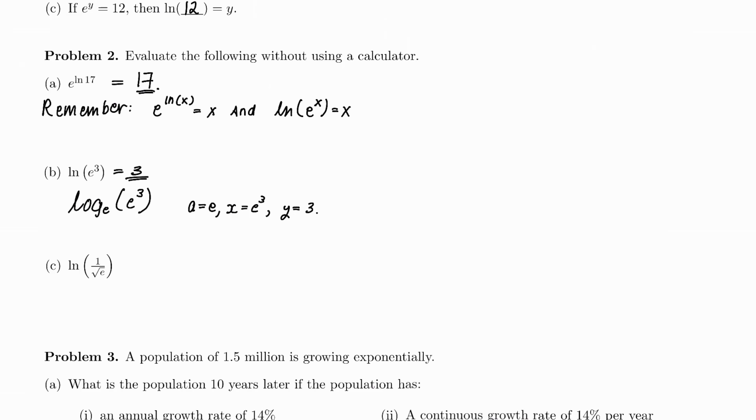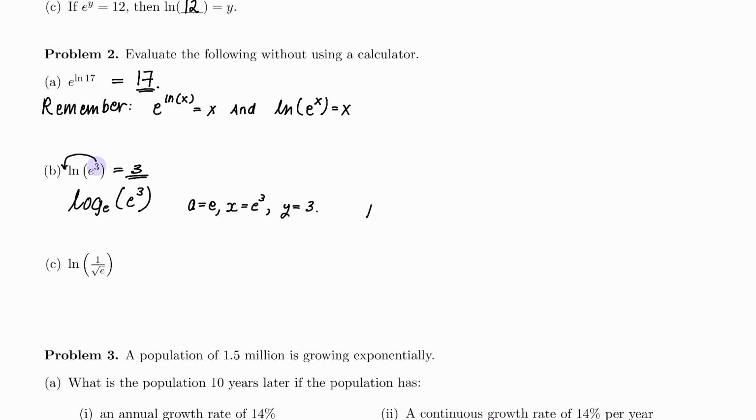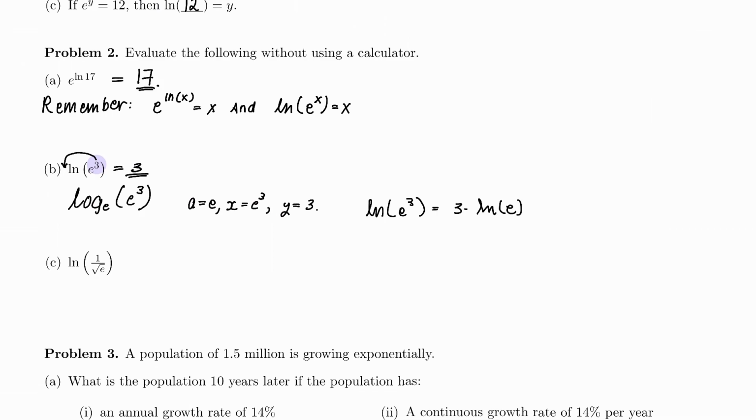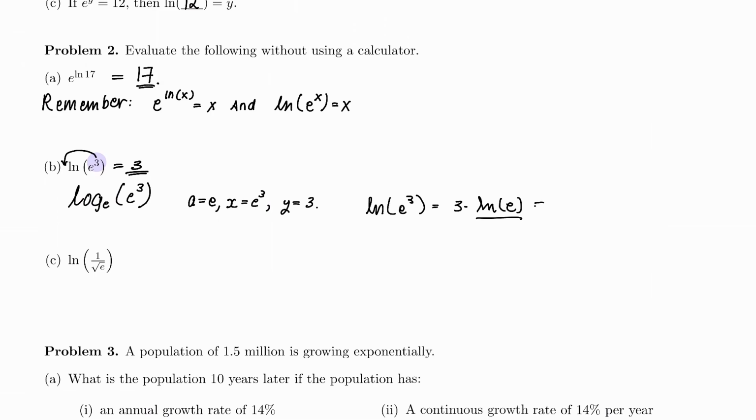So this is also using our exponent rules for logarithms. I took the 3 out front, so natural log of e to the 3 is equal to 3 times the natural log of e. The natural log of e is just e to the first, so the natural log of e is 1. So this is 3 times 1.